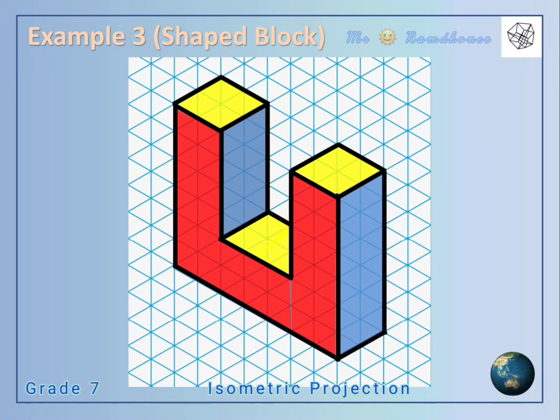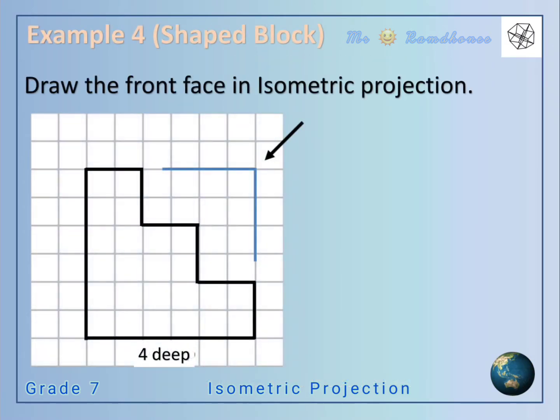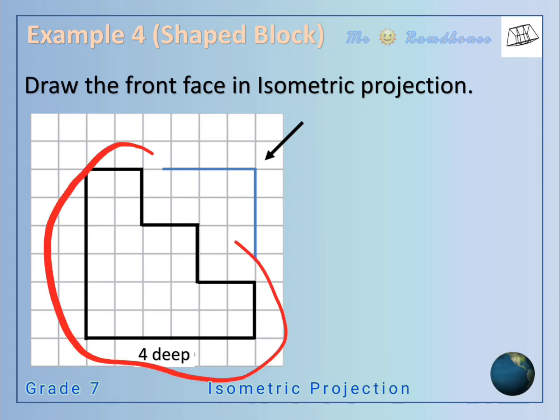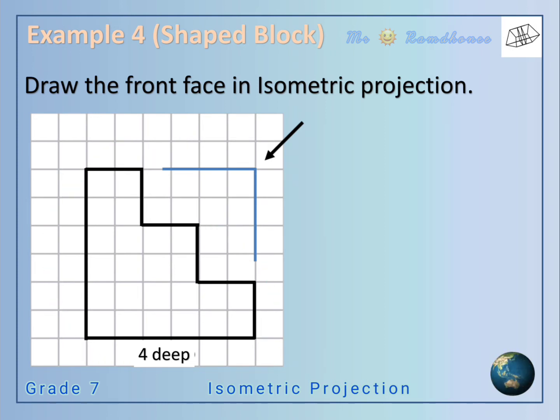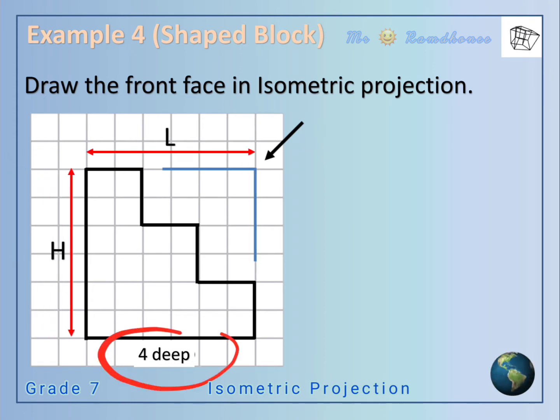Let us look at the last example here, which is example 4, and it resembles a stair. We're given the different features of it. So this would be the front view, and then we have the arrow which indicates the direction of depth, and then we also have the depth itself.